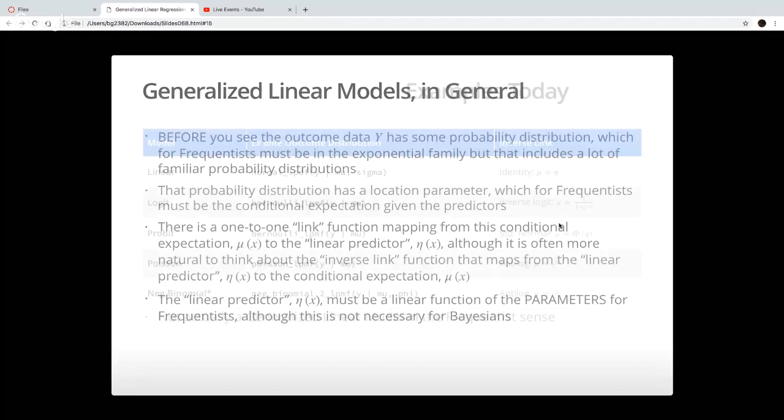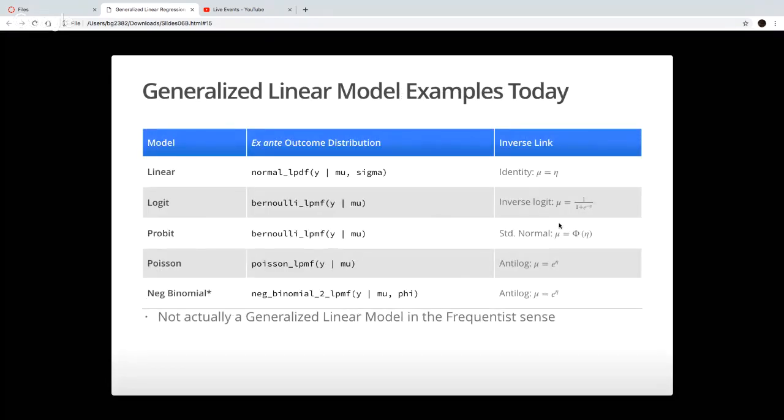Or maybe it's easier to just look at a table of these choices from the examples that we've done so far today. The first one, the kid IQ example, was just a linear model. A linear model is a special case of a generalized linear model where the inverse link function is just an identity function, so mu is equal to eta. There's no nonlinear transformation or anything going on there.